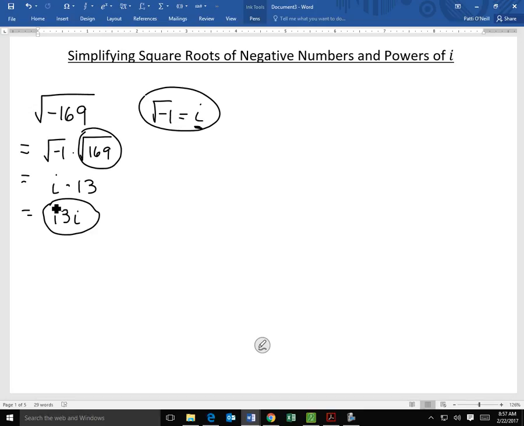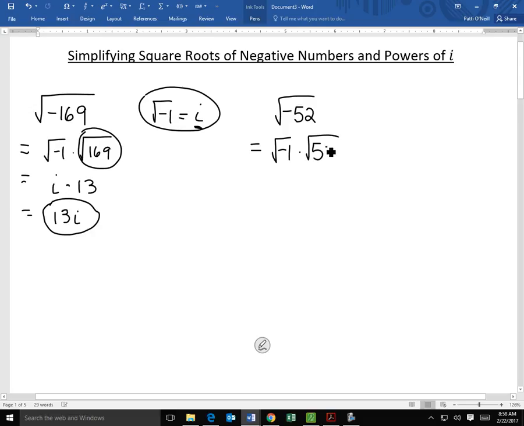And that's how we would go through something that would be a perfect square once we pull the square root of negative 1 out. If I do an example like this, the square root of negative 52, we know, again, we can break this into the square root of negative 1 times the square root of 52.